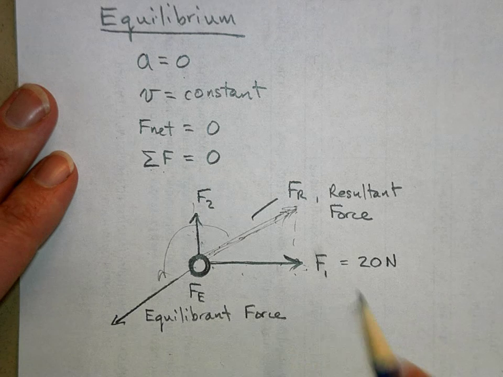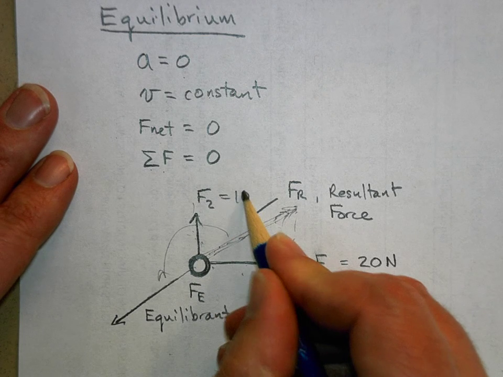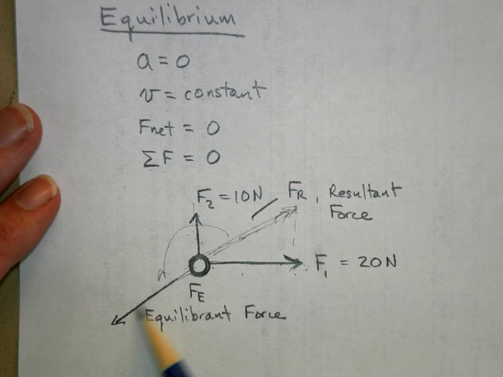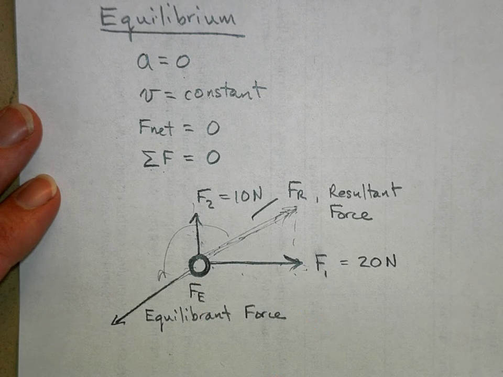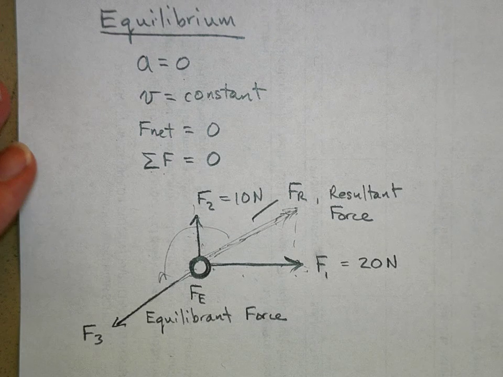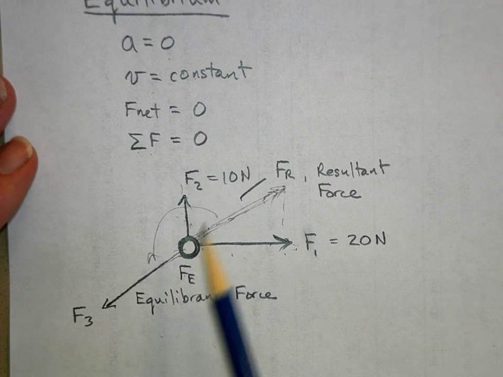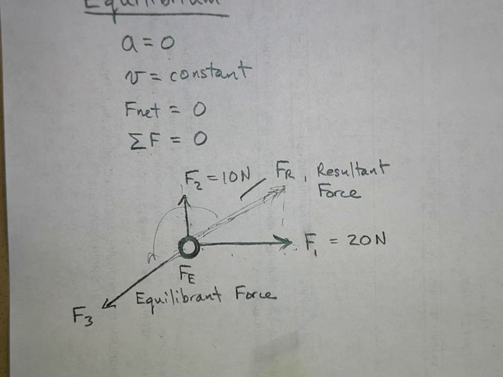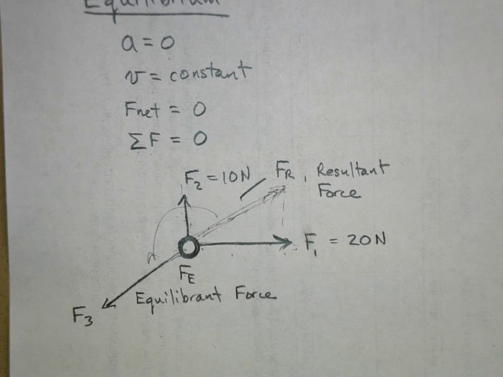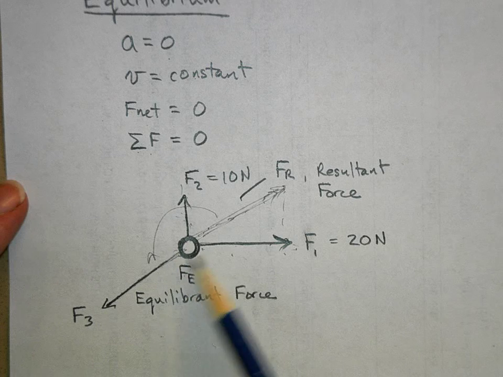And what if F2 is equal to 10 newtons? And this is some unknown force. The equilibrant force, I'm just going to call it F3 though. And what if this is what's given, and you're trying to find, okay, what is F3? What is the magnitude of F3 and what is its angle to keep this in equilibrium?